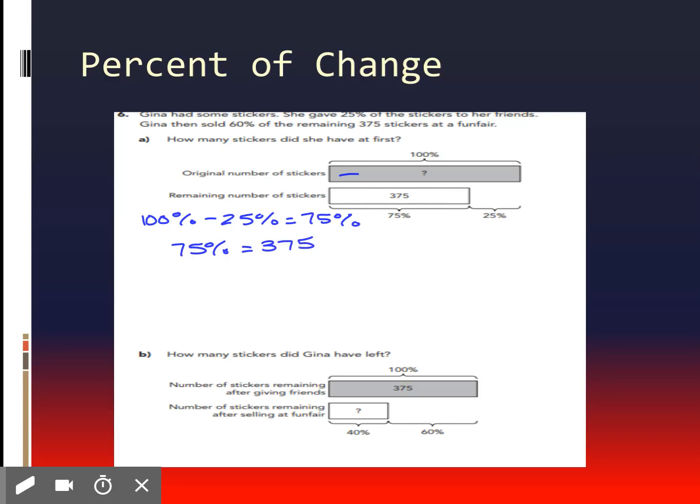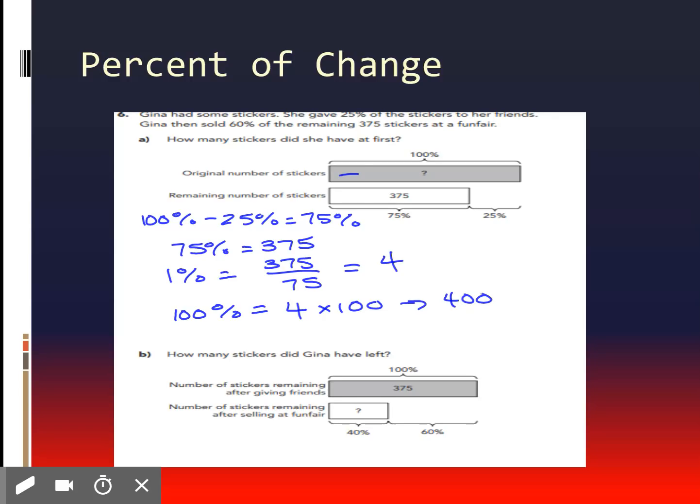So now to figure out what 1% equals, you need to do 375 divided by 75. And that equals 4. That one I know we can simplify right away. And then to figure out what 100% was, you're going to take the 4 and multiply by 100. So she started out with 400 stickers.